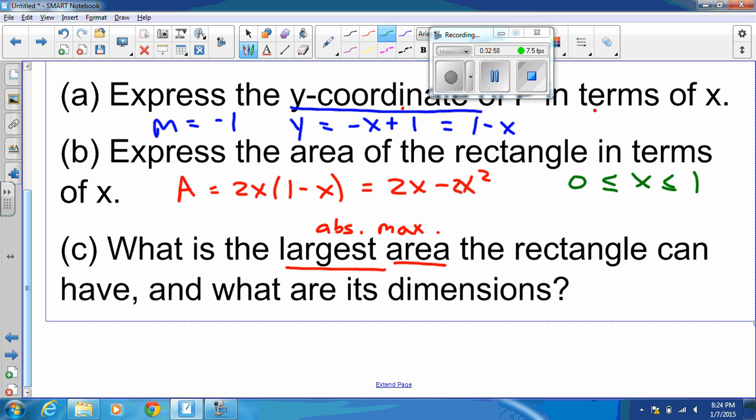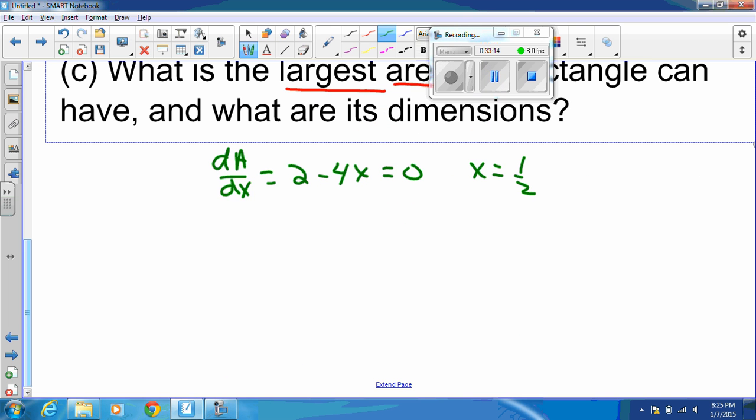So we have, for our domain, x is between 0 and 1, and now we're ready for critical points. dA dx is equal to 2 minus 4x. Set that equal to 0 and get a single solution, and that is x equals 1/2.